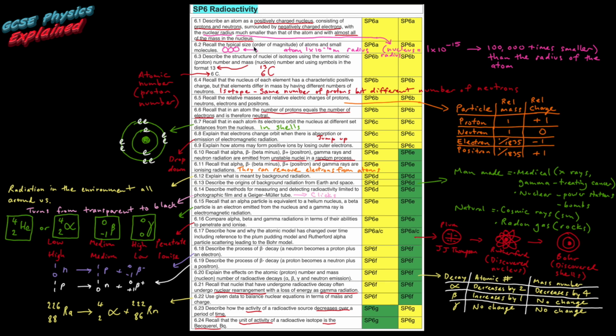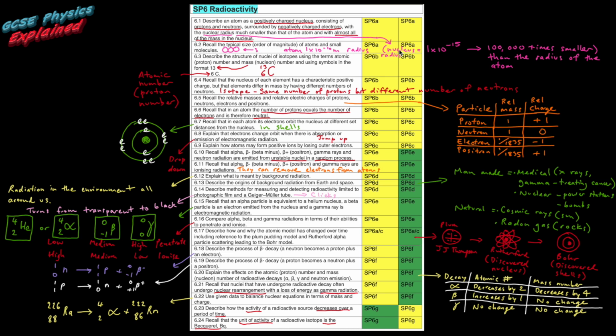Recall the typical size or order of magnitude of atoms and small molecules. So the radius of an atom is 1 times 10 to the minus 10 meters or thereabouts. So if you've got a molecule made of 3 atoms, then it's going to be 3 times 10 to the minus 10 meters.